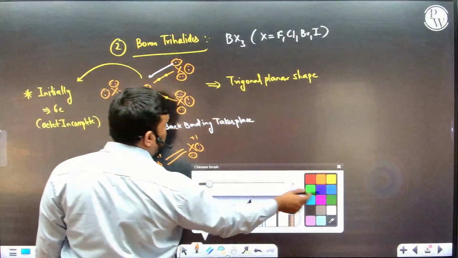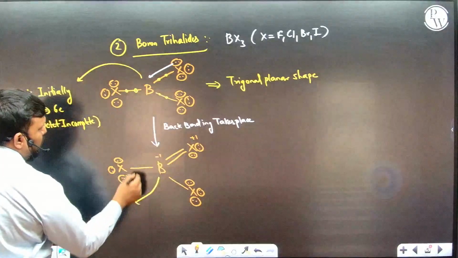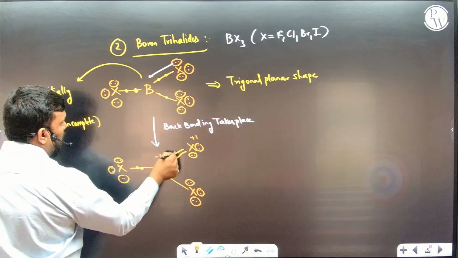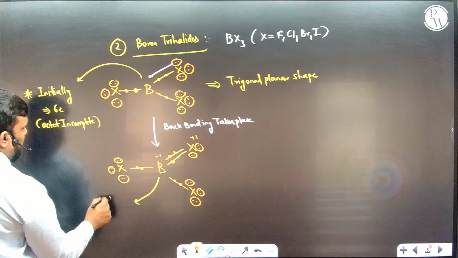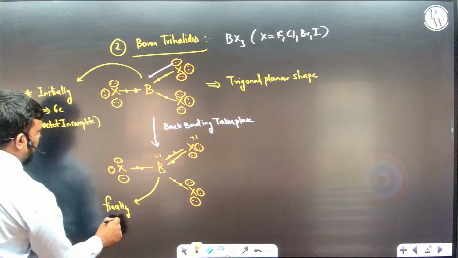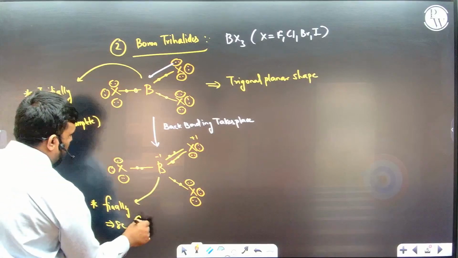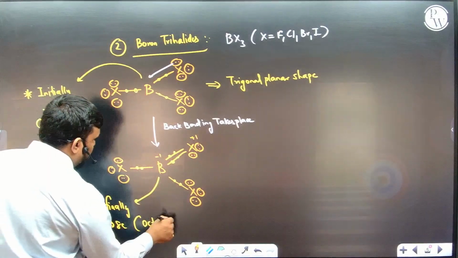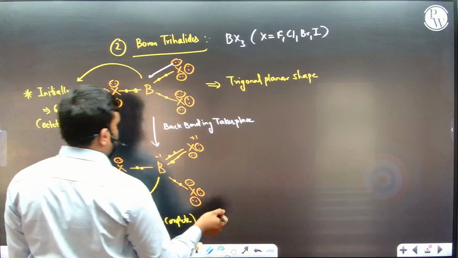Now you can see how many electrons this boron has: 2 plus 2 plus 2 plus 2. Finally we are having 8 electrons. So octet complete over here due to back bonding.